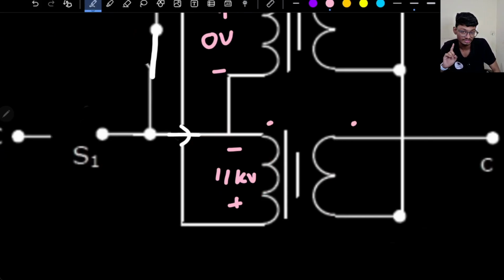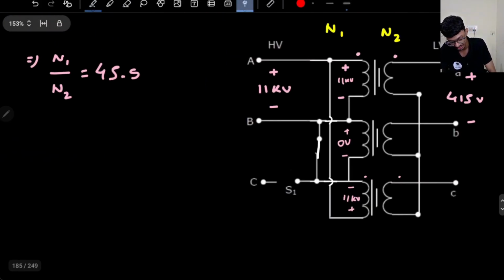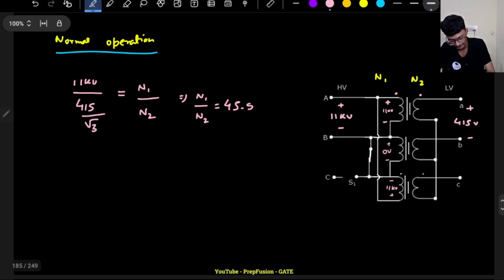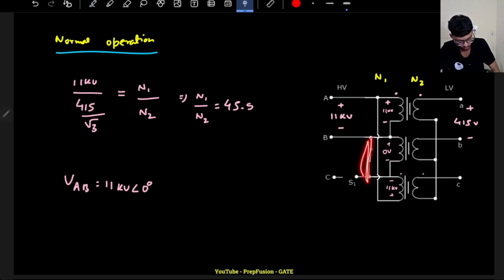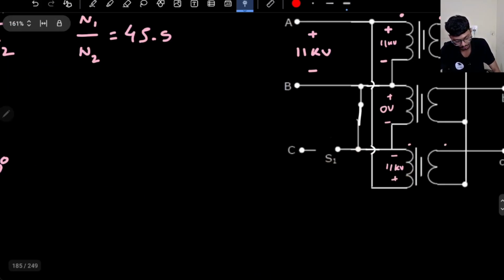And what is the phase angle? Remember, this is simply the voltage VAB only. If I assume my voltage VAB to be 11 kV angle 0, because the B phase is totally short circuited here and C phase is not connected, so this is also VAB only, but in opposite polarity.